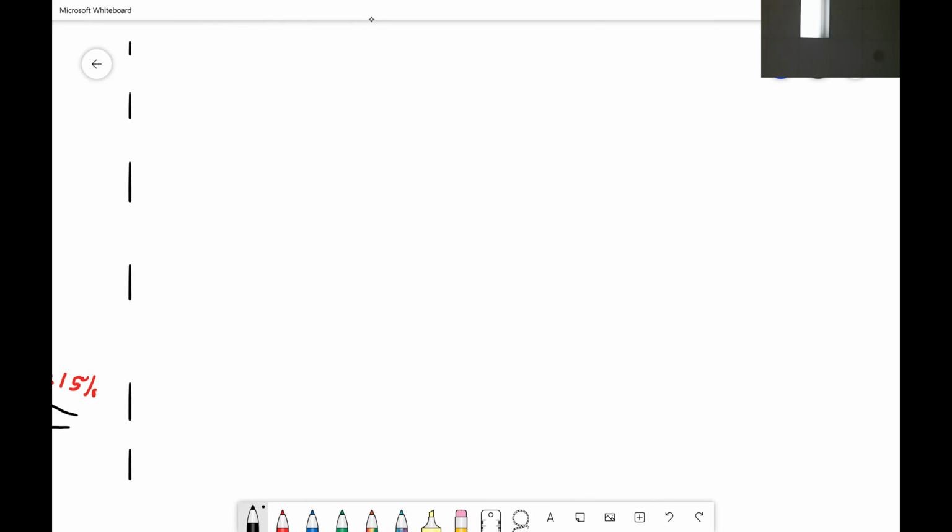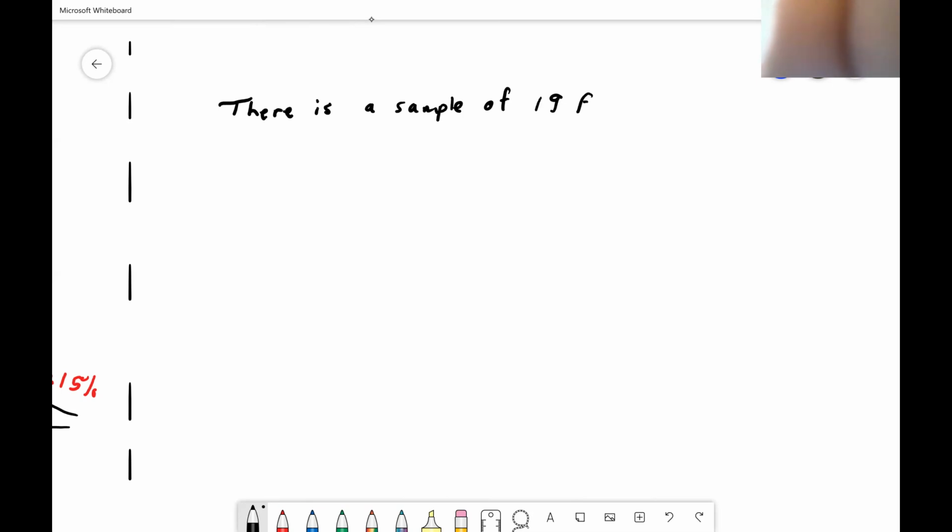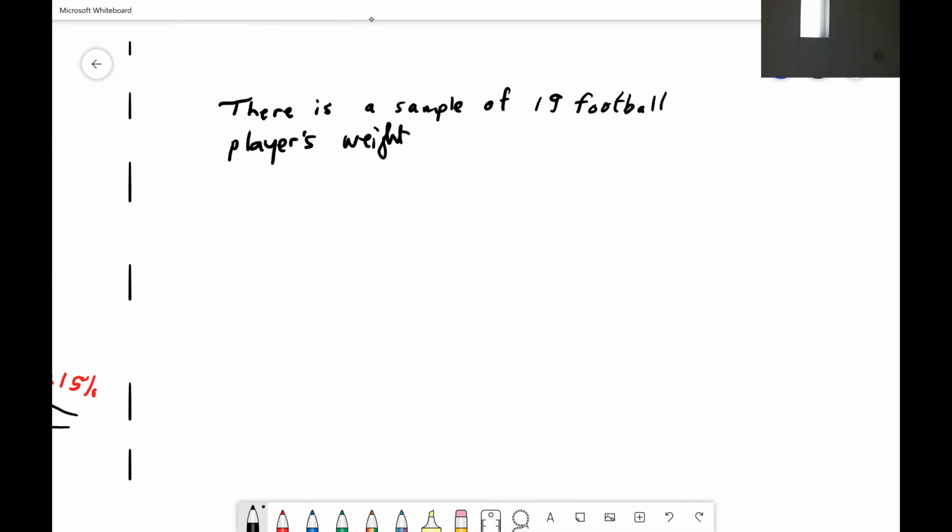Let's say there is a sample of 19 football players' weight, right?